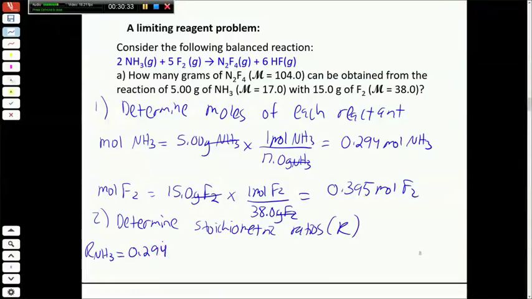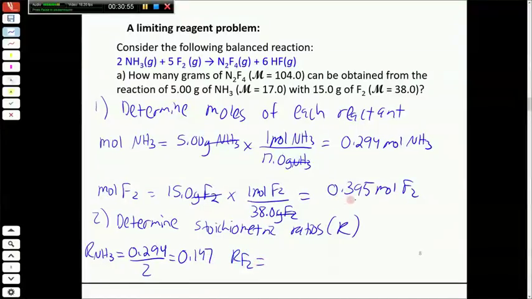These are technically unitless quantities because we're dividing a mole amount by a mole amount, so I'll just leave units out for now. We divide this 0.294 moles of NH3 by the coefficient for NH3 in the balanced equation, which is a 2. There's a 2 in front of NH3, so that's what we divide by. So it's 0.147.